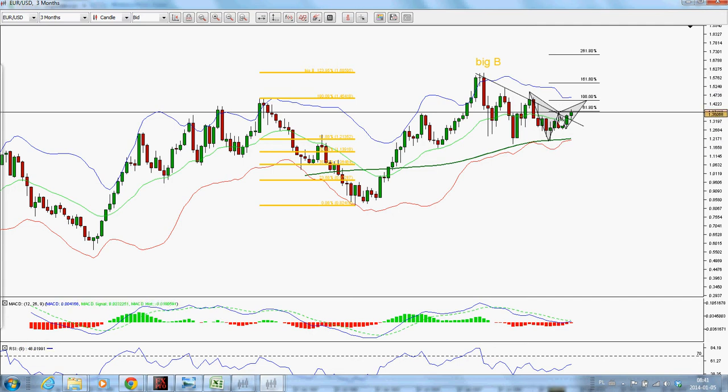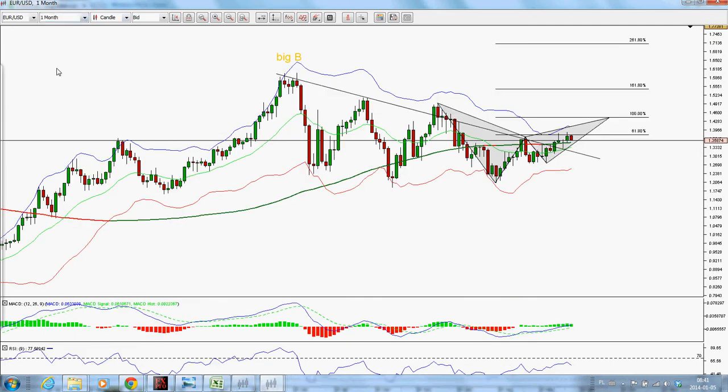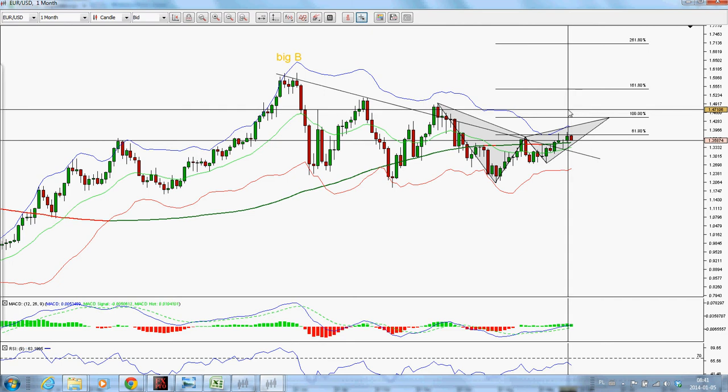This is a big B, so do not be surprised with this big B on my chart, on the monthly chart. So that was the monthly situation. We've got, of course, the green candle as a December candle. This monthly candle sets the tone for the whole month, so this is important.